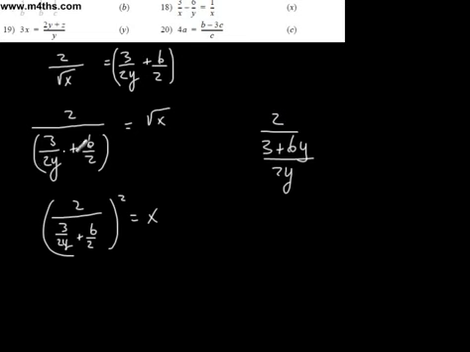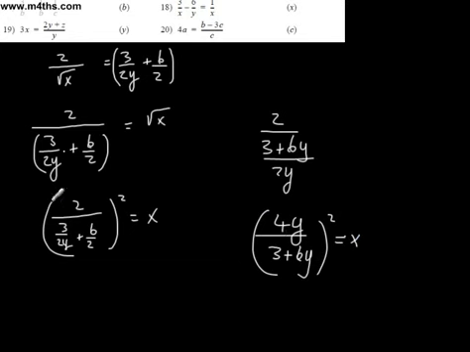All I've done here is combine this fraction. Then we can bring up the 2y into the numerator: 4y over 3 plus by, and that is exactly the same, and that's what x would be. So that's your choice, but ultimately this gives you exactly the same numeric answer.